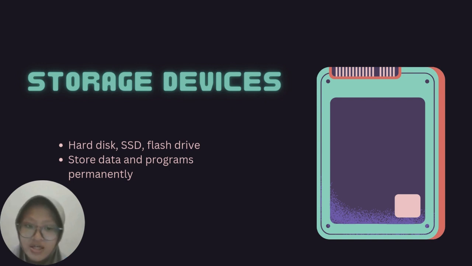Types of storage include hard disks, which use spinning disks to store data, SSDs, which are faster and more durable than HDDs, and USB flash drives, which offer portable, removable storage. These devices store everything from the operating system to personal files and applications.